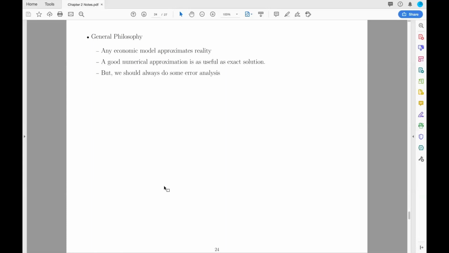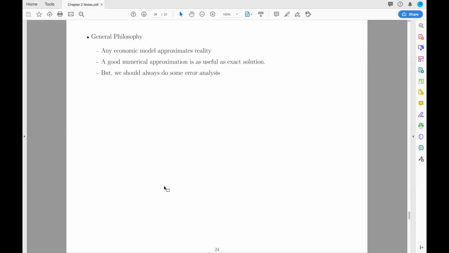Now, the other attitude here is that any economic model approximates reality. And what numerical analysis does is approximate the solution to the economic model, which itself is an approximation. Now, but that doesn't mean that because the model's an approximation that we should be sloppy.